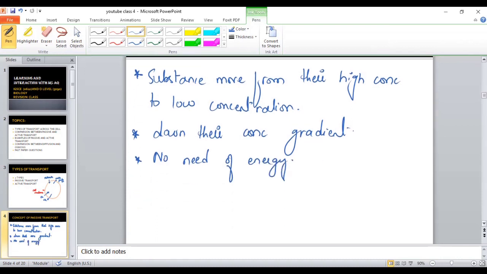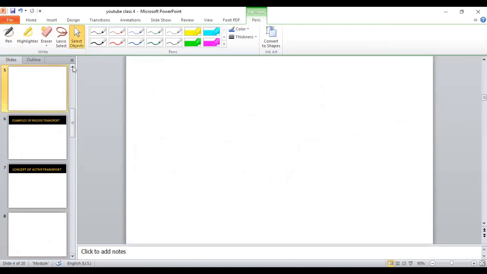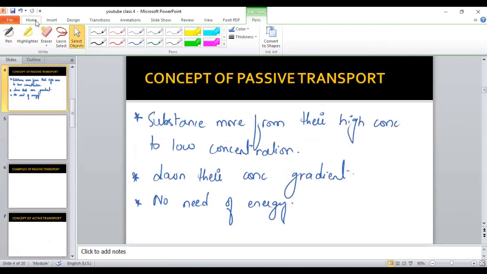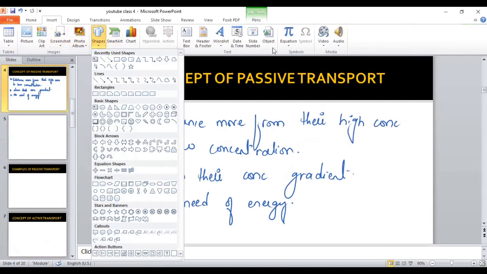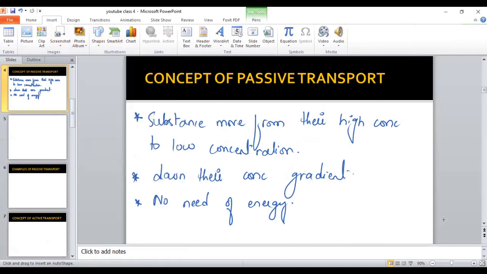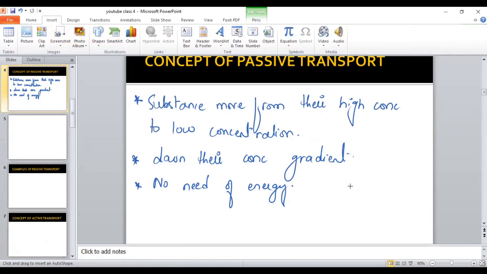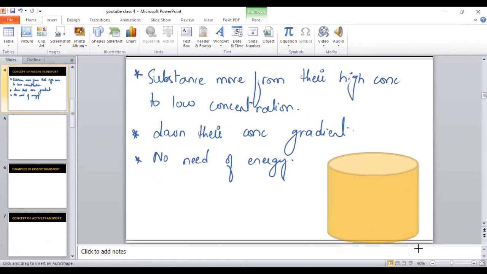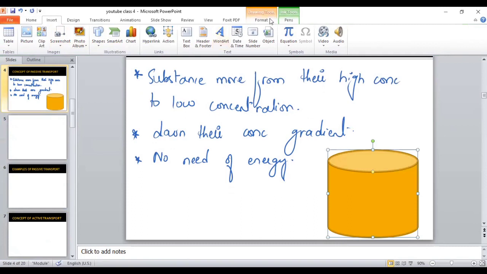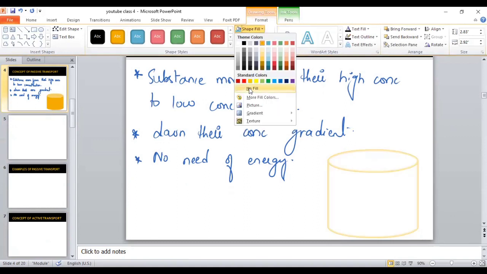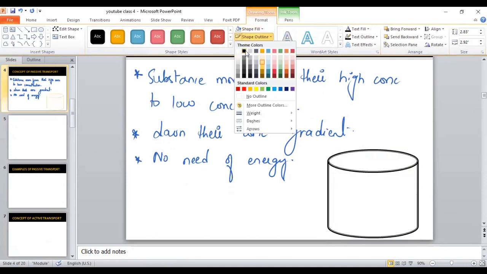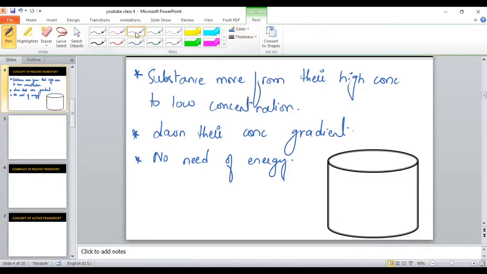Simple. Let's suppose we are observing here. Let's suppose this is the beaker. Now this beaker has two sections. This is the partition.